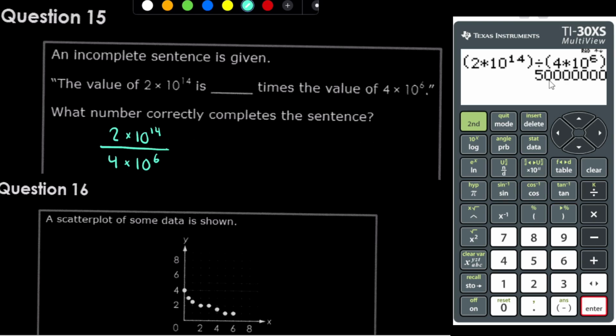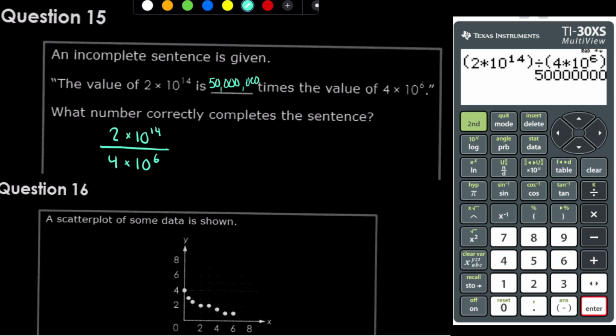And it's going to give us the answer of 50 million. And if you wanted to, you could just put 50 million in. Just make sure you count your zeros. Make sure you're putting in the exact same amount of zeros. And that'll be it. Okay?